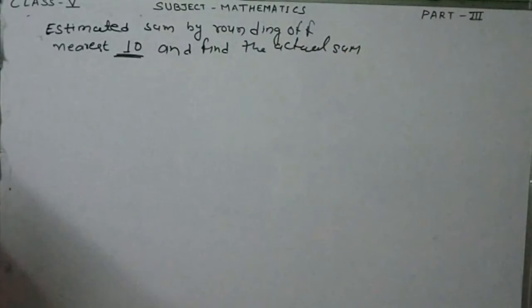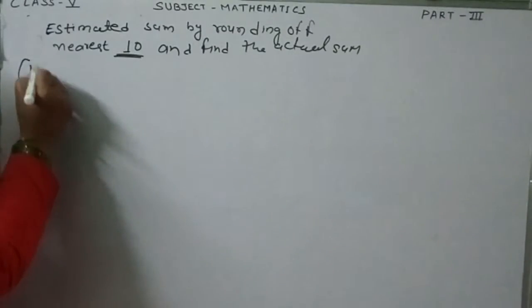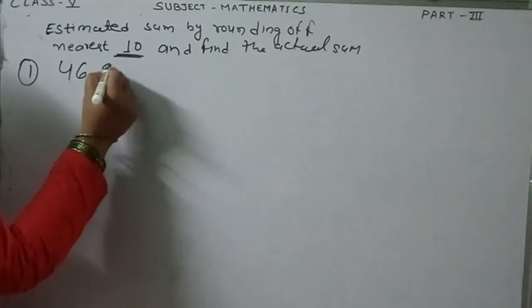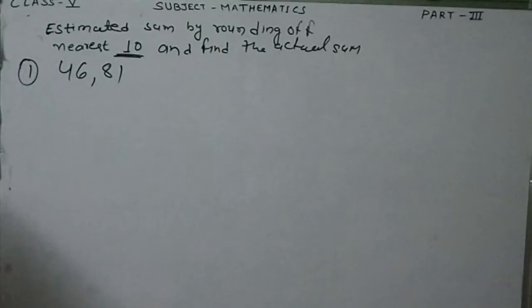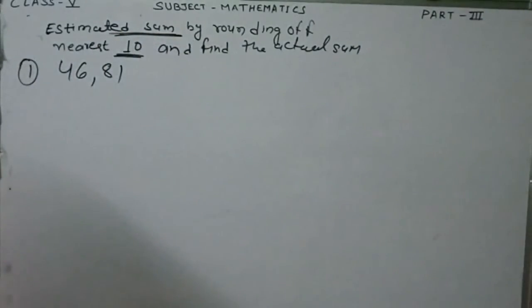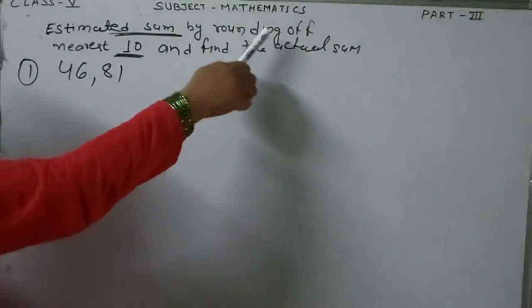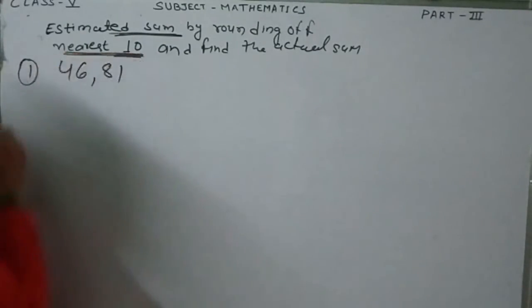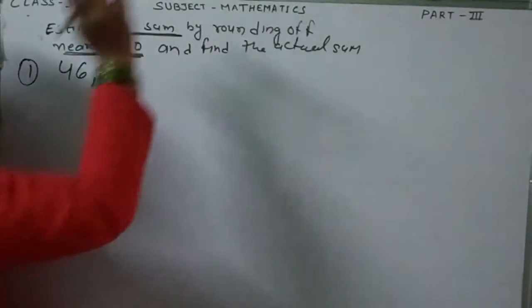Here the first numbers given are 46 and 81. You have to find the estimated sum. Sum means you have to do the addition. Estimated sum, also rounding off to the nearest 10, and find the actual sum also.